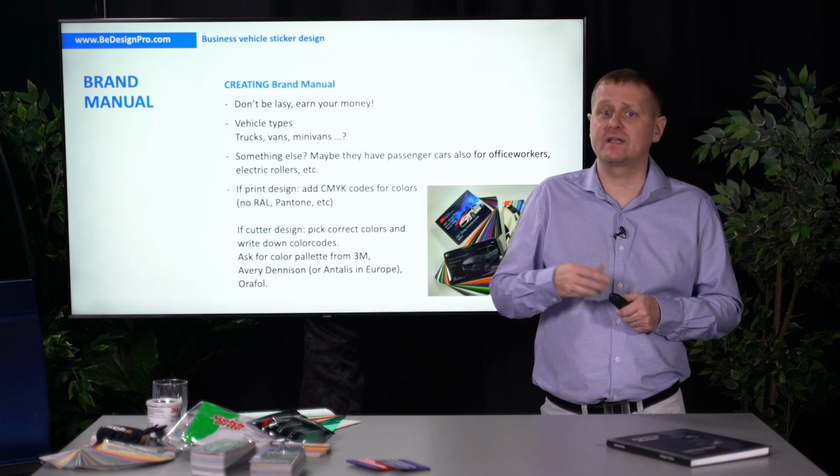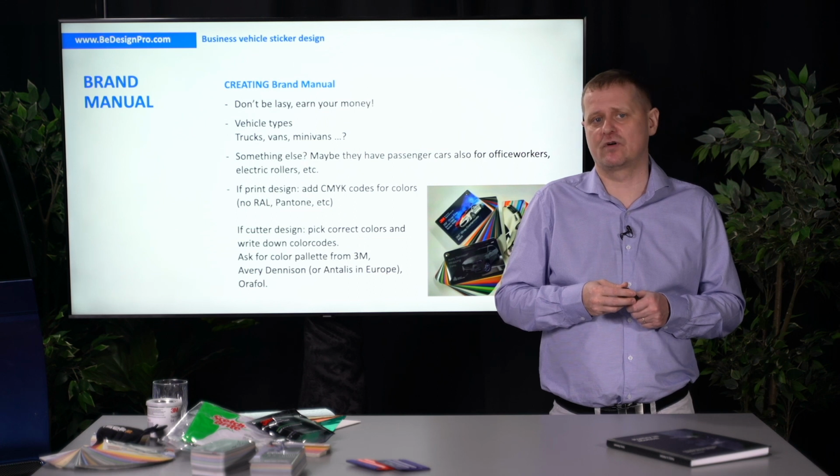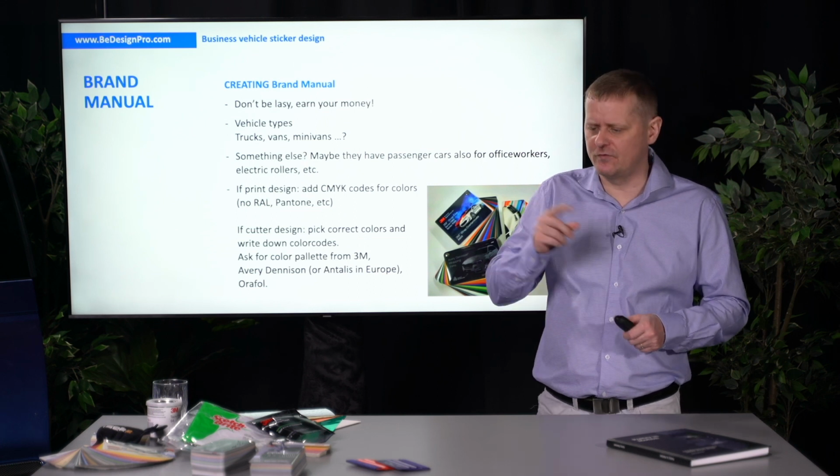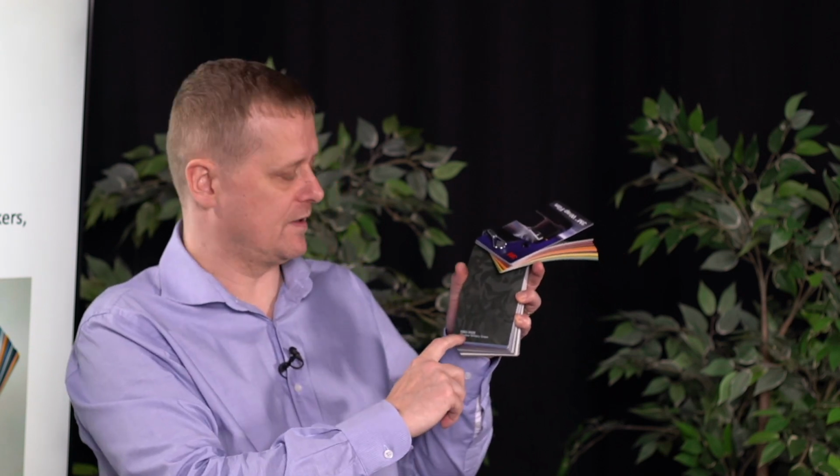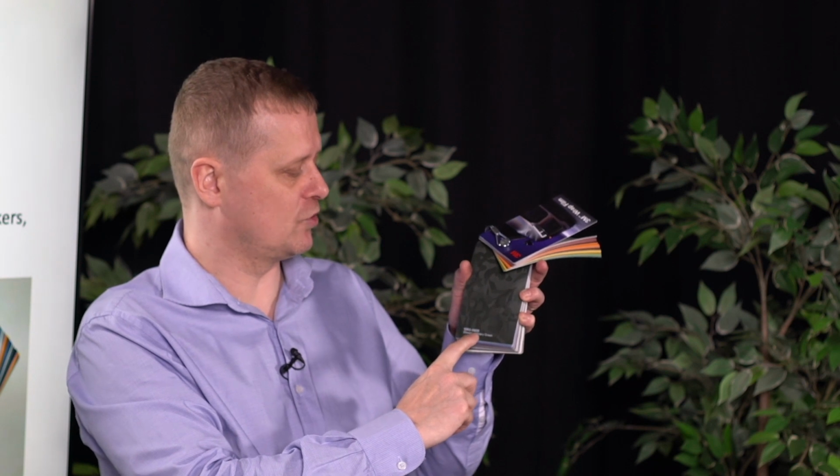Mark its manufacturer, series and color code in the brand manual too. For example, ask for the 3M color scheme. You can see it's 3M, and there is also what series this is and what the color code is.